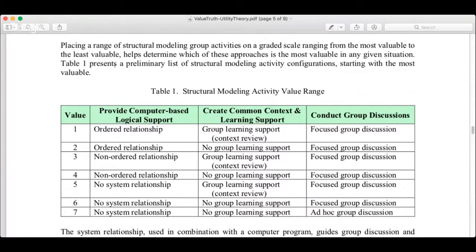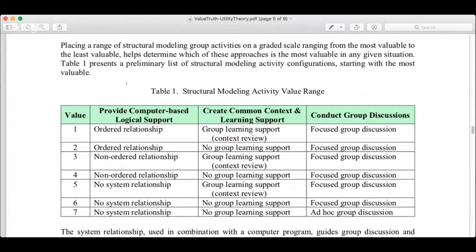And then we have create common context and learning support. I think this is one thing that wasn't available in the GMU ISM software. It was talked about in the specification, that it was really needed.